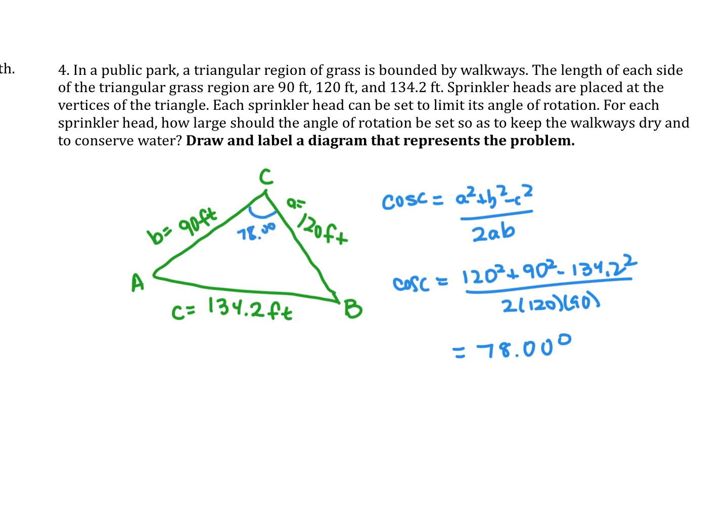Then I will find angle B next, and I'll use the law of sines this time. So sine of B over b equals sine of C over c.